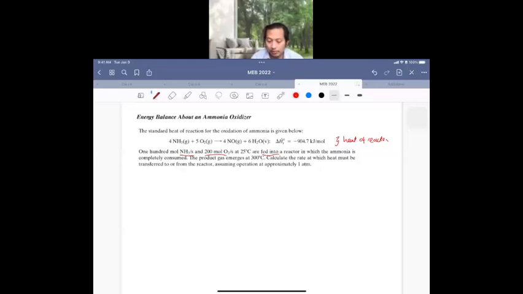The product gas emerges at 300 degrees Celsius, and we calculate the rate at which heat must be transferred. It's asking whether heat is transferred to the reactor or from the reactor, and we need to assume that this operation operates at 1 atmosphere.